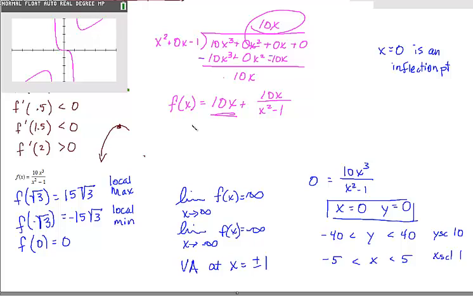So slant asymptote y equals 10x. Okay, now I think I have everything about this function. Alright, all of the list is accounted for. These problems are long and tedious. I'll do the last two in another video.